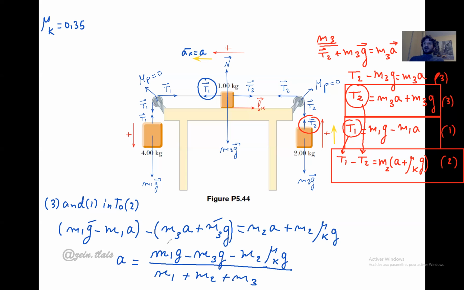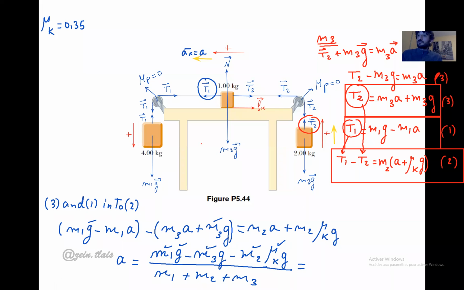Okay, we have the value of M1 and G, M2, we have the value of mu, and we can calculate easily the value of A.